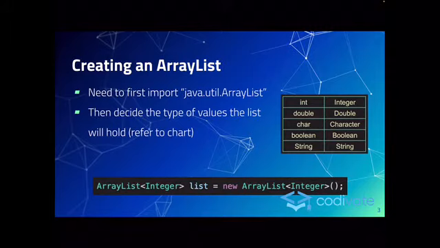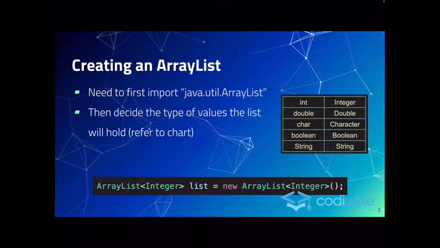So to create an ArrayList, you would start by saying ArrayList, then you would put the type, or in this case Integer, in between a less than and greater than sign. So you would start by putting a less than sign, the type, in this case Integer, greater than sign, then you put the name of the object, just as you always would.